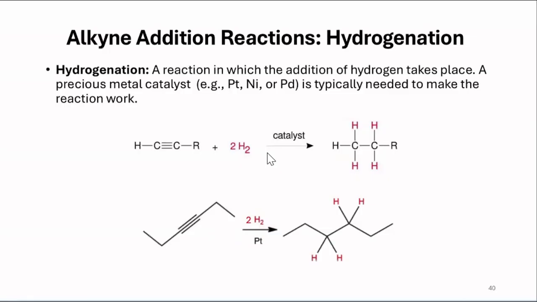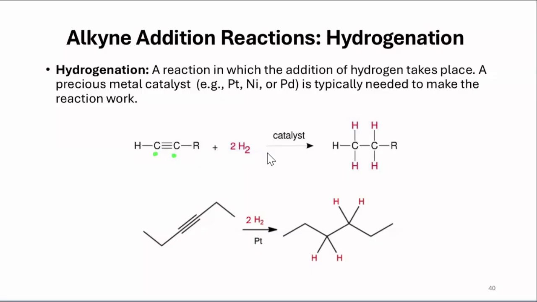Alkynes can also undergo hydrogenation reactions. But instead of each of the carbons that used to be triple bonded receiving one hydrogen, each of them receives two hydrogens. So the general scheme for hydrogenation of alkynes is the following. You have an alkyne.